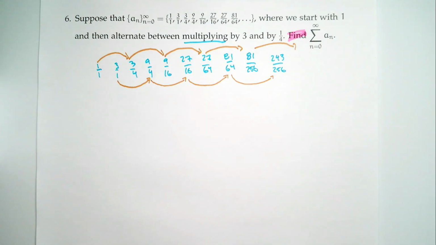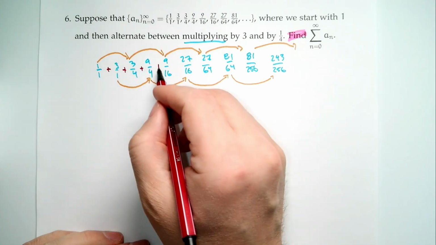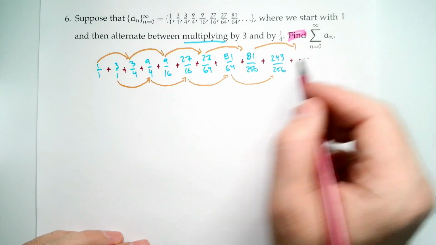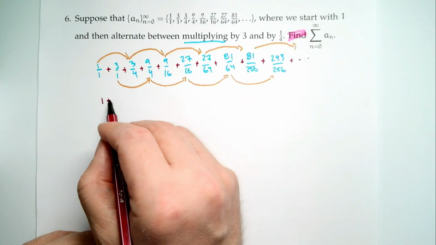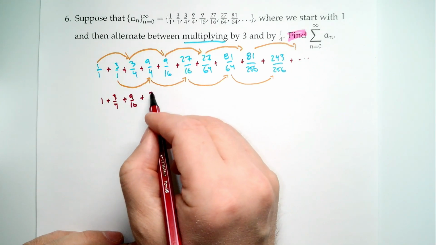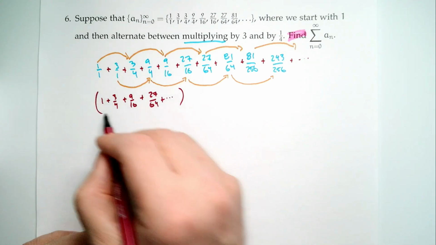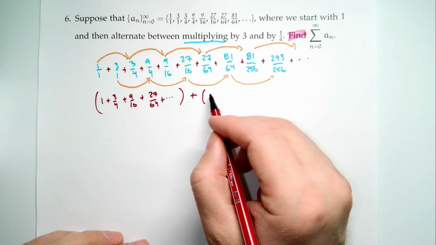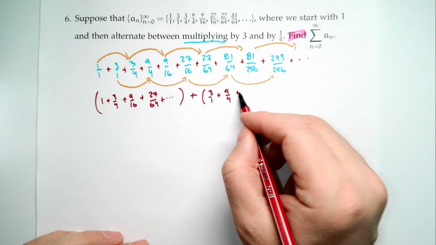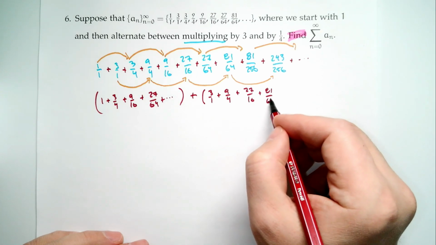So when we're adding these together, what we can think of doing is we'll alternate every other term. So we'll have 1 plus 3/4 plus 9/16 plus 27 over 64 plus and so on. And then we'll add to that 3 over 1 plus 9 over 4 plus 27 over 16 plus 81 over 64 plus and so on.